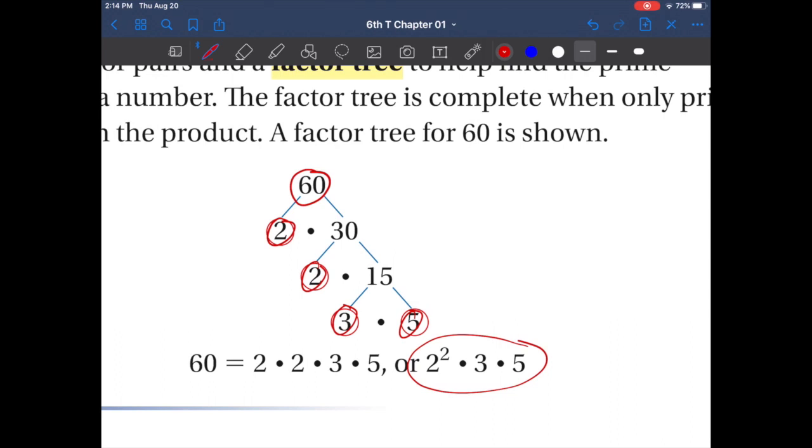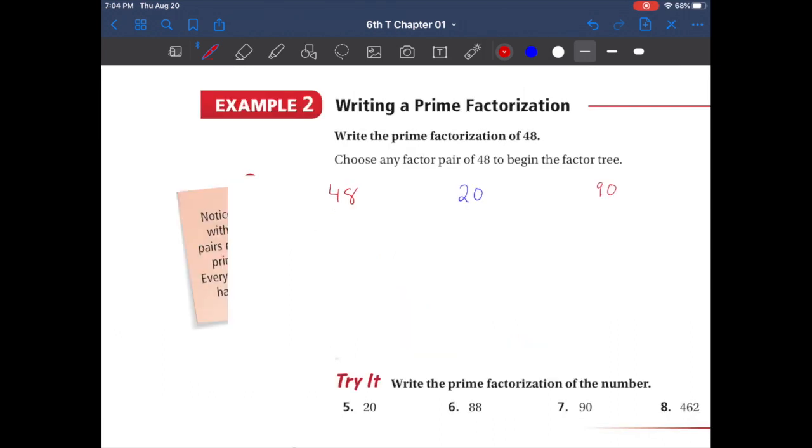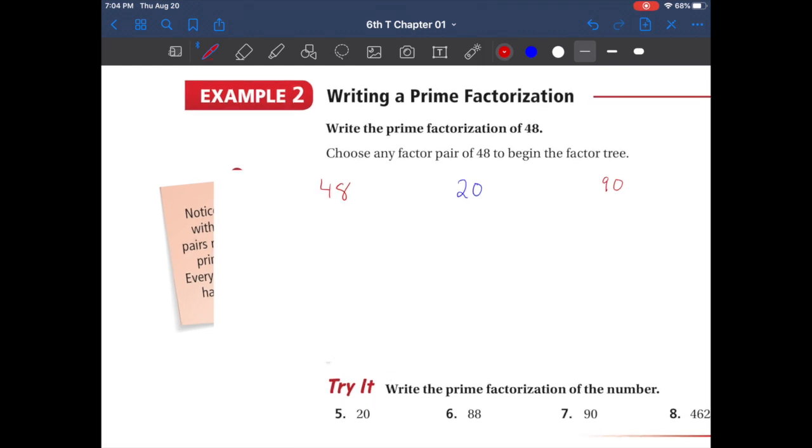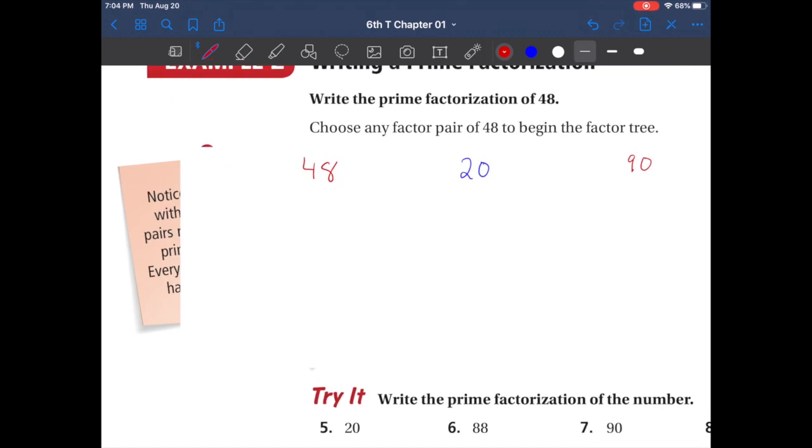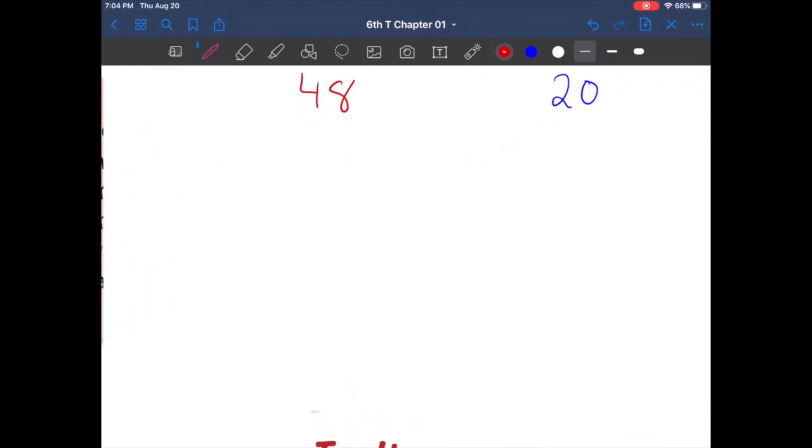All right, let's do a few examples and see if we can get this done. In this example, we're going to learn how to do our prime factor trees. I have 3 examples that we can follow so I can show you. Now, there are many kinds of factor pairs that we can choose. Just remember that when you do your factor tree, what you're trying to do is get your prime numbers.